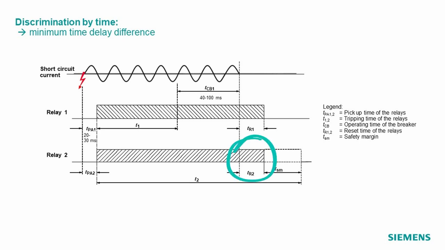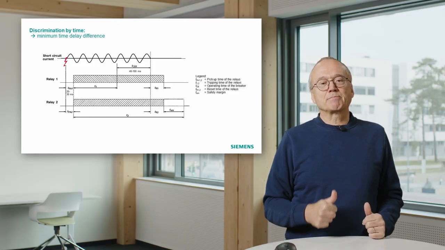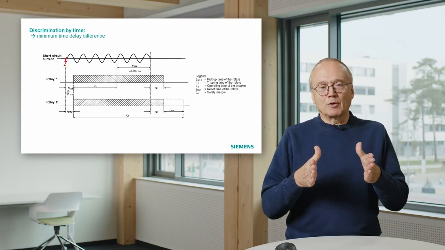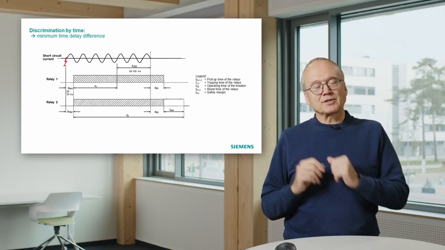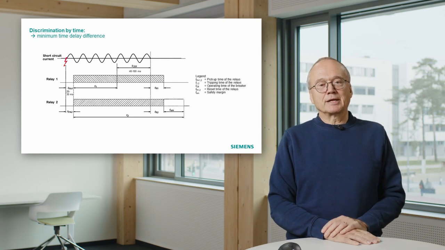That means the time difference between the timers of the two relays must be at least the time of the circuit breaker plus the reset time, plus maybe some differences in the fault detection time at the beginning.